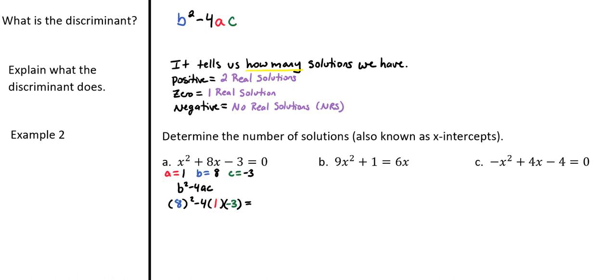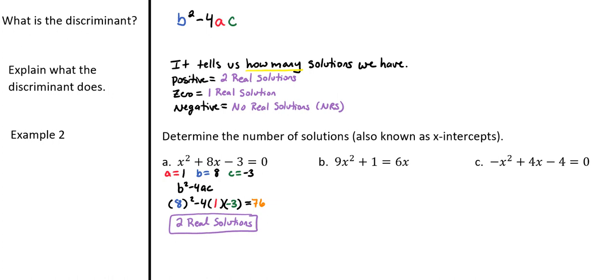So we'll use parentheses and insert our b, a, and c into the appropriate place. Then we'll plug that into our calculator. Plugging that into our calculator gives us a value of 76. Well, that is a positive answer. So because it is a positive answer, then that tells us that we're going to have 2 real solutions.